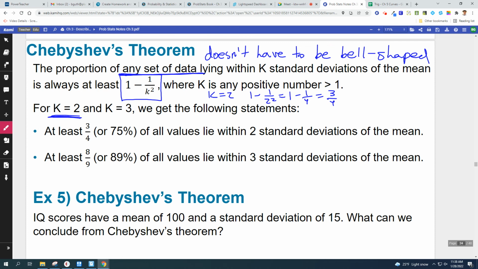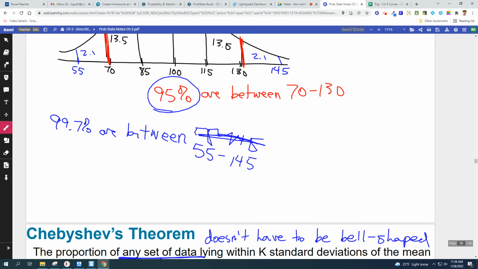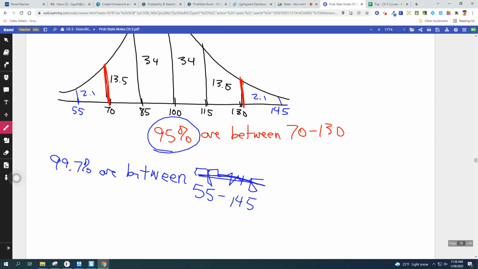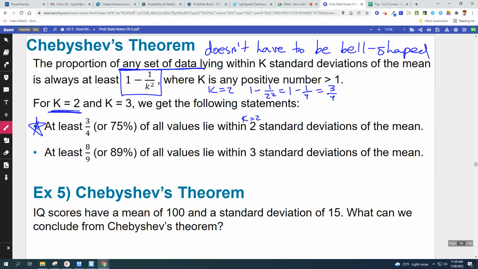So what that says is at least 3/4 of all values lie within 2 standard deviations of the mean. It's not quite the same numbers as the empirical rule, where we had 34, 68, and 95. So you won't quite get the same answers, but you're not dealing with the same types of data, all right?